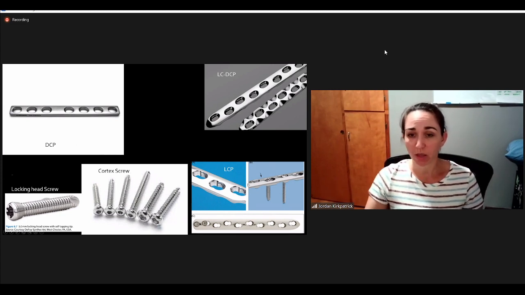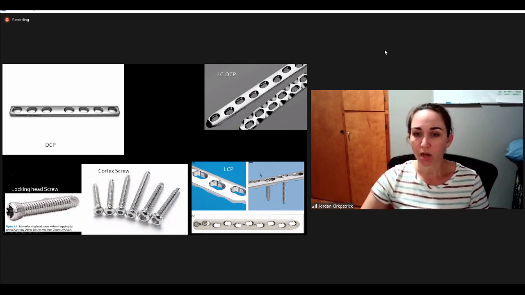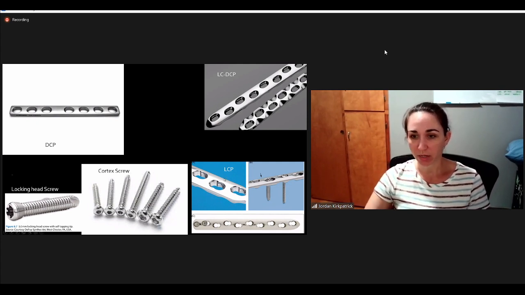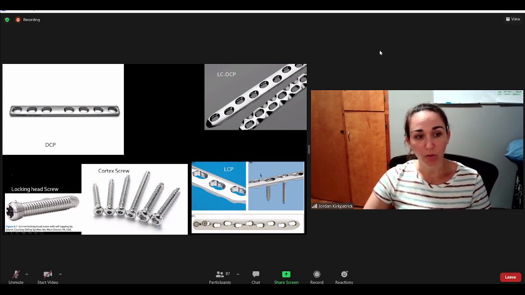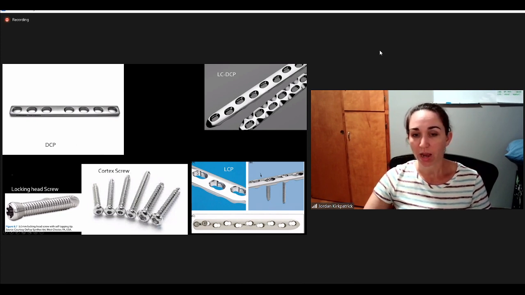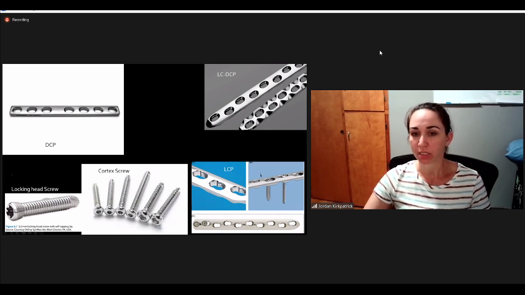And then the newest one that we have, and this is probably within the last 10 to 15 years, is a locking compression plate. And so with this one, there's 2 different types of holes. A cortex screw can go here, or what we call a locking head screw, which is what this is. You can see it has what we call threads all the way up to the head of the screw. So the screw actually completely screws into the plate. And so it makes it a lot stronger of a construct than when we use cortex screws, which just sit on the plates.